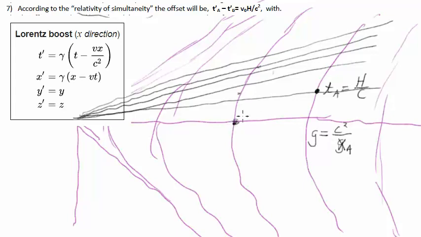If we're calling this Rindler coordinate b, then g sub b would have to be equal to c squared over x sub b. And if we call this Rindler coordinate c, we'd say g sub c equals c squared over x sub c.